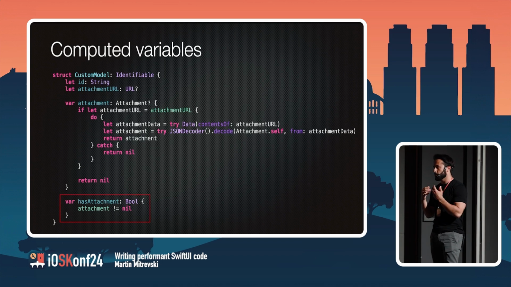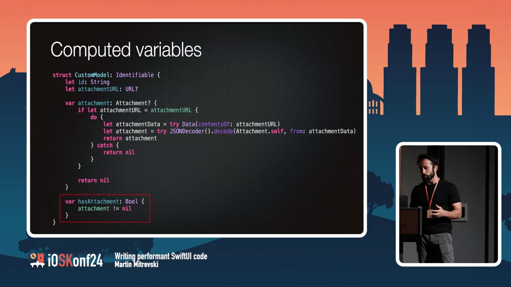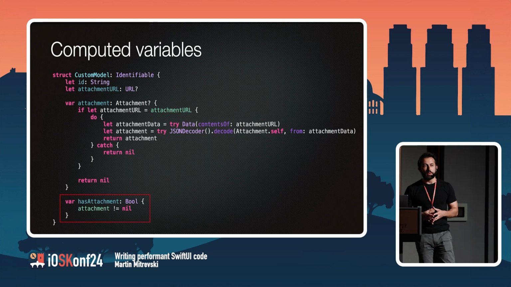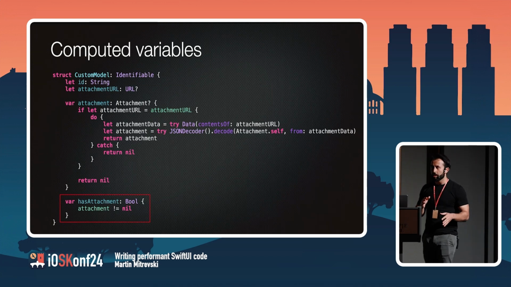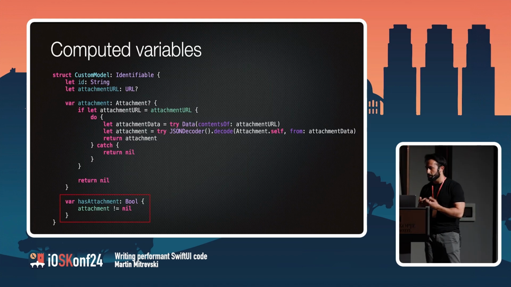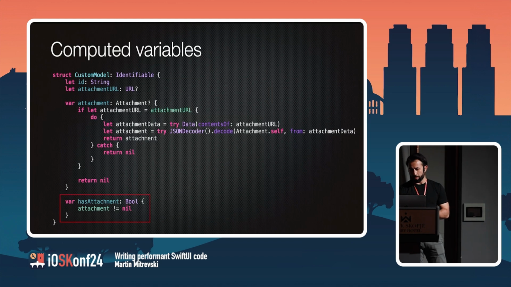Of course, if we do this for every row, this would be very slow, and after 10 items, it would be easily noticeable. So computed variables are one way where you can really create performance issues in a SwiftUI app.